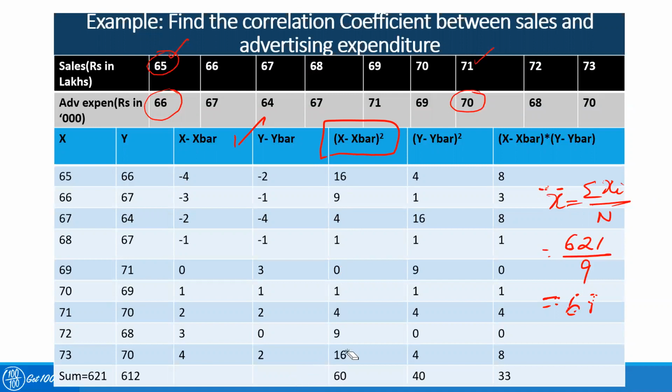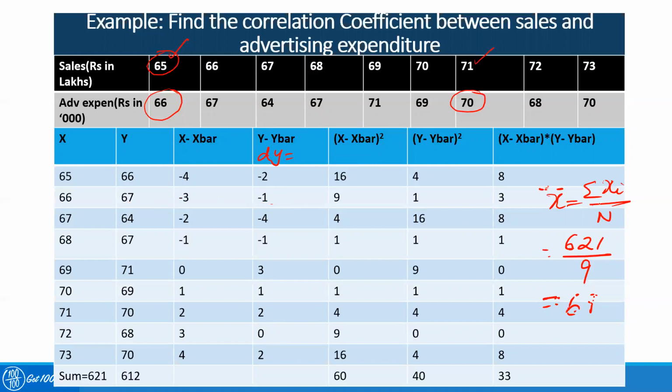Following the same method, we can now calculate the value of y minus y bar. As we know, y bar is equal to 68. So 66 minus 68 is minus 2, 67 minus 68 is minus 1, and we keep calculating the value of y minus y bar. Another way to represent it is dy. Now we create one more column, which is y minus y bar whole square.